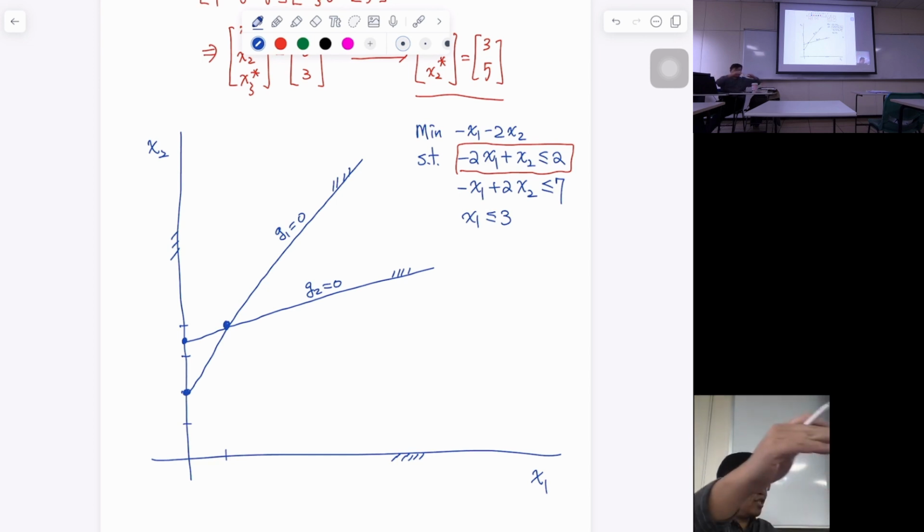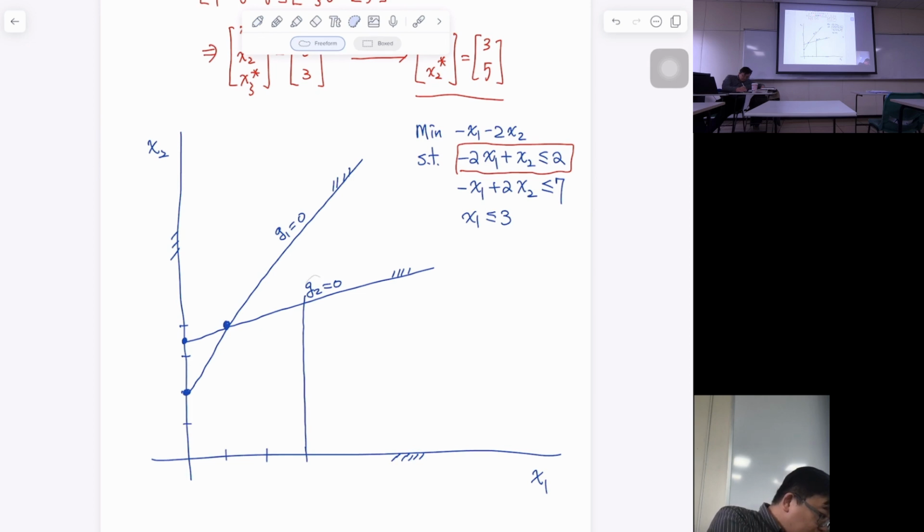So that will be your second constraint. Everything below would be your feasible space. And over here, x has to be smaller than 3. So it's like there's another wall.